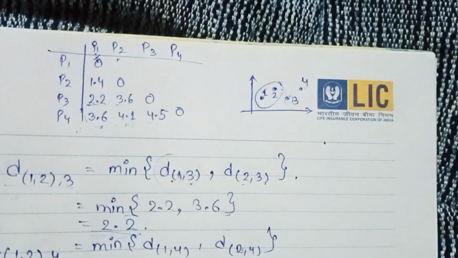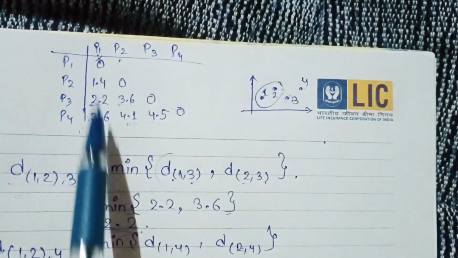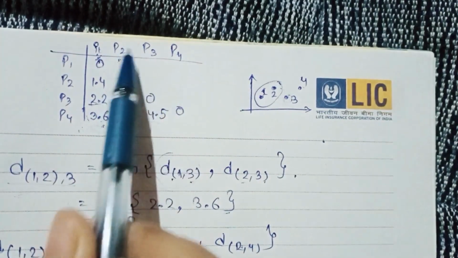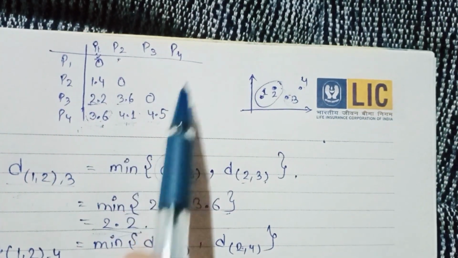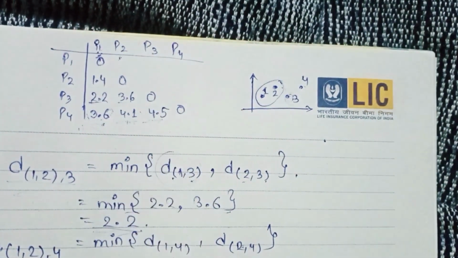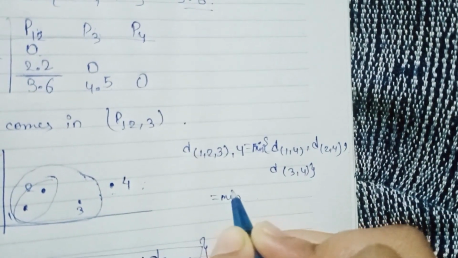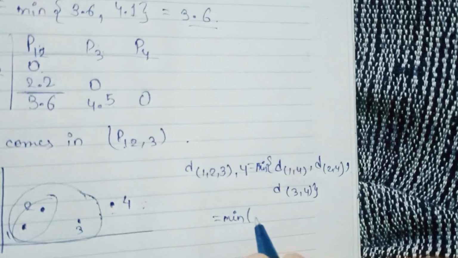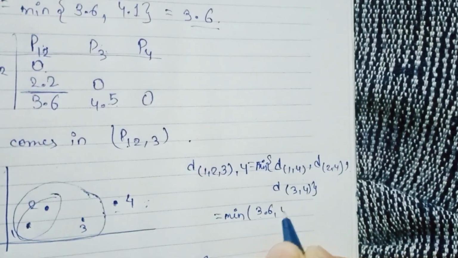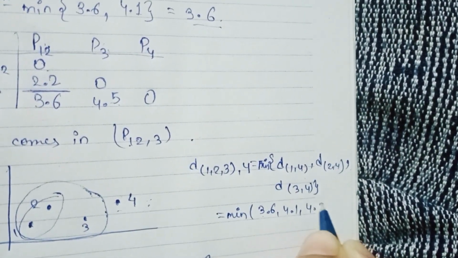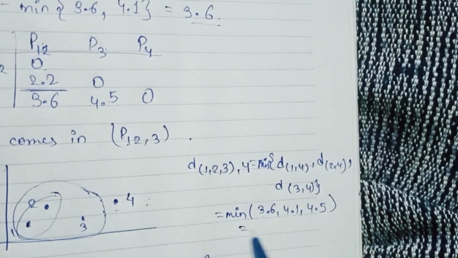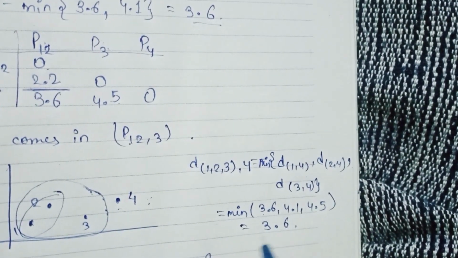From here we can say that D1 to 4, P1 to P4, is 3.6, 2 to 4 is 4.1, and 3 to 4 is 4.5. So the minimum of 3.6, 4.1, 4.5 is 3.6.